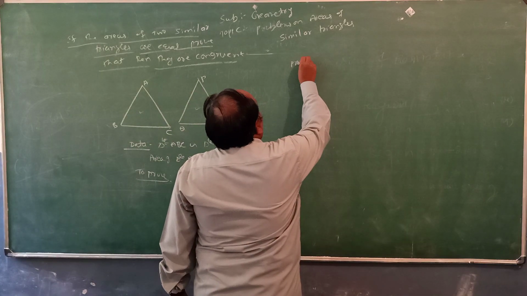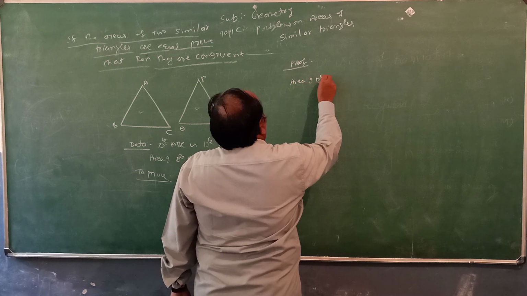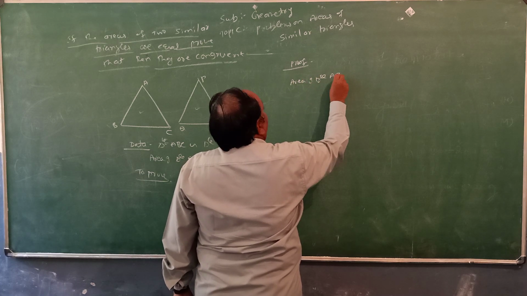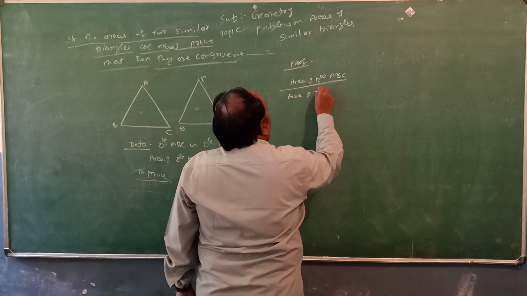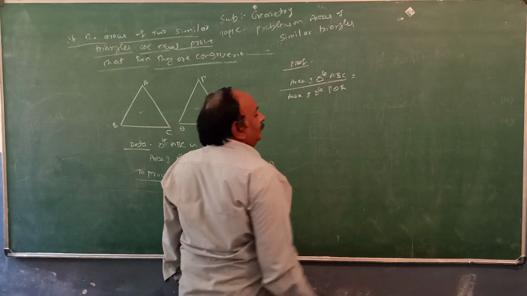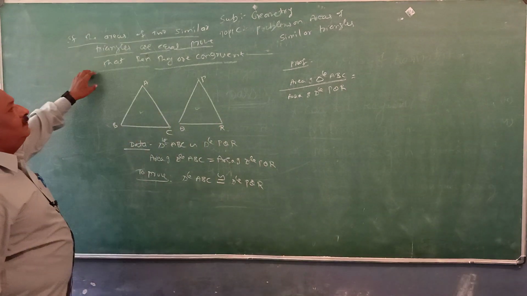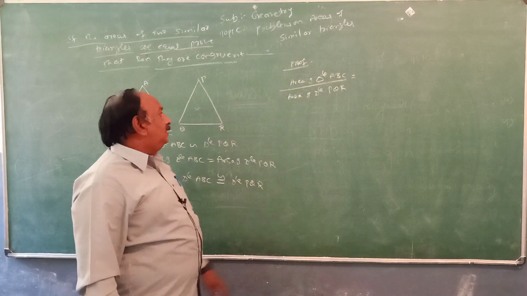Proof: area of triangle ABC divided by area of triangle PQR. Apply the theorem: the areas of similar triangles are proportional to the squares of their corresponding sides.